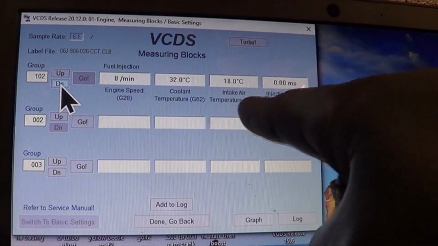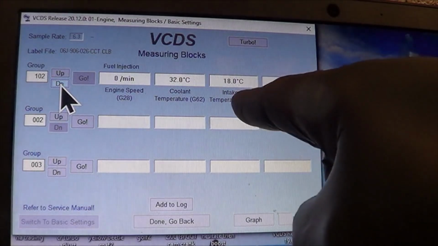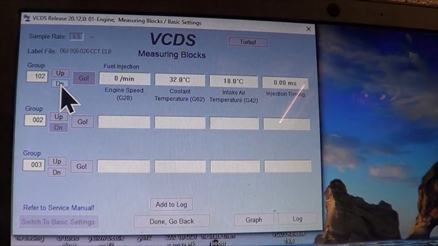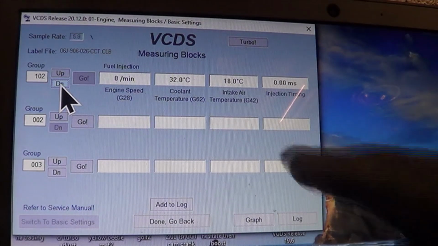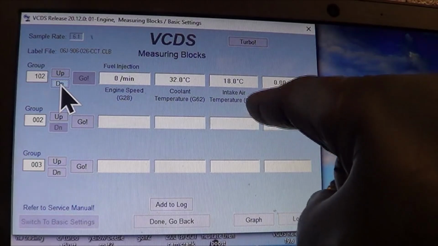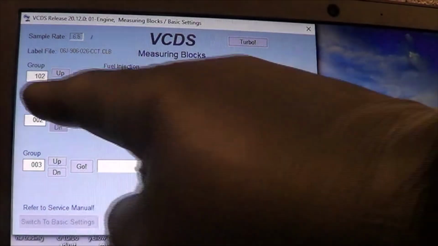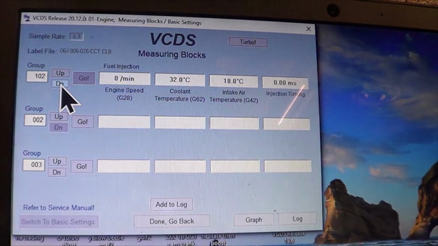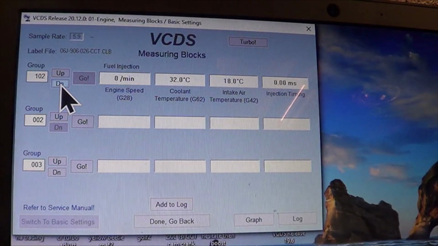I have found the intake air temperature sensor in the measuring blocks. That is the intake air temperature sensor, I believe, though. It's not the ambient air temperature sensor, and the way you would tell is because it says G42. That's in field 102, but I'm not sure that's the ambient air temperature sensor. Now, I'm looking through the engine computer, of course.